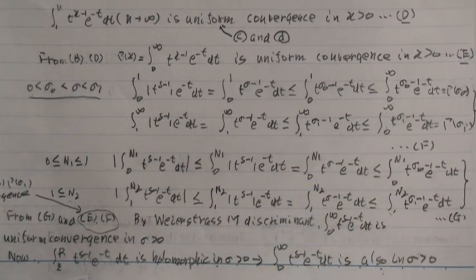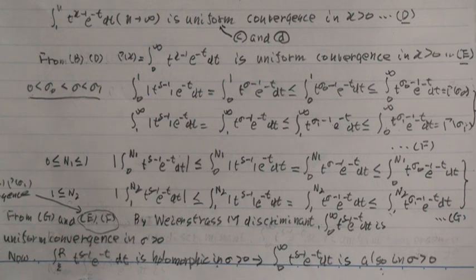Then this is point G. And from G and E, F, Γ(σ₀) and Γ(σ₁) converge, from E and F.